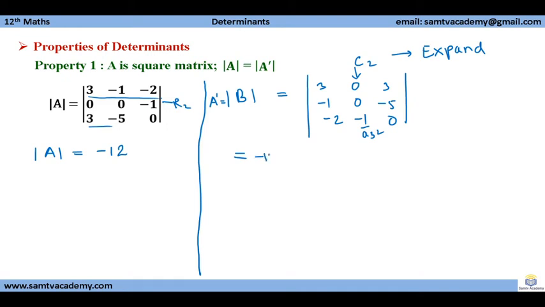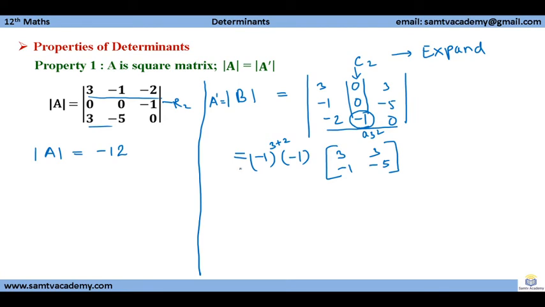So minus 1 to the power 3 plus 2 times minus 1. Now if we are expanding along this element, we have to leave this row and the corresponding column. What are we left with? We are left with 3, minus 1, minus 5.